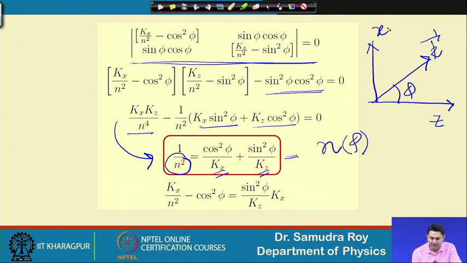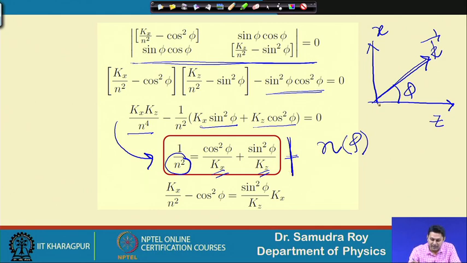If it is making an angle phi, then this ray will experience a refractive index. Obviously, this refractive index will not be a very simple refractive index, it will be a complicated kind of refractive index, and here we find an expression of that. Again we will come back to this point, but you should appreciate that the value of this refractive index will now be a function of phi.